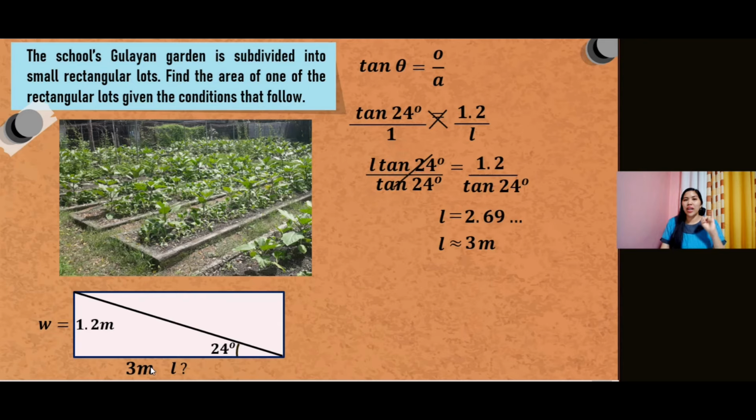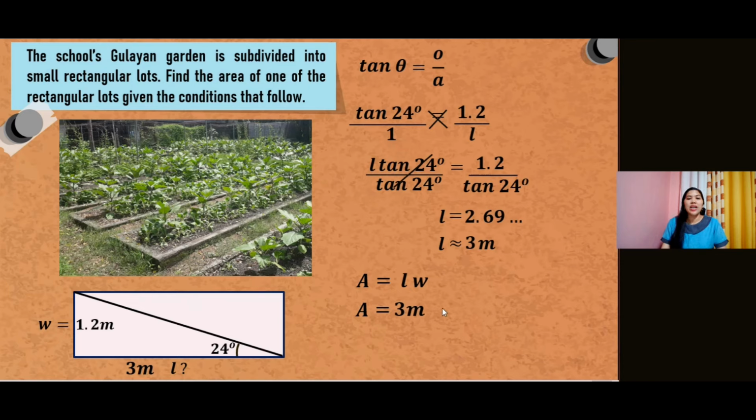So we have now the length and the width. Therefore, we can now get the area of this rectangular lot. Area equals length times the width. So A equals, we replace L with our measurement, 3 m, times the width, which is 1.2 m.